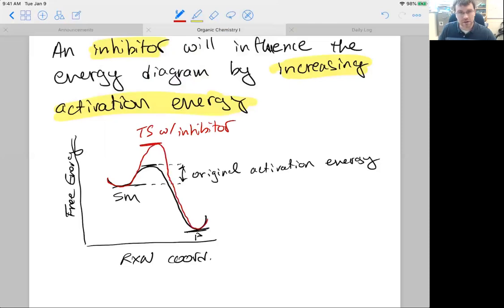The reaction is still spontaneous, but it suffers from a much slower rate because the activation energy, which is the difference between the starting material and the transition state, is now larger.